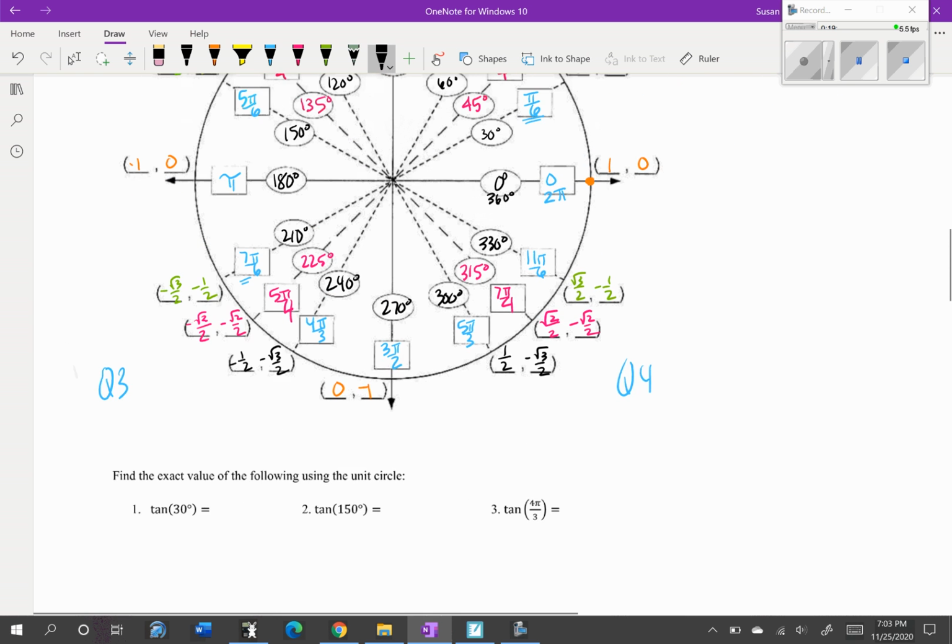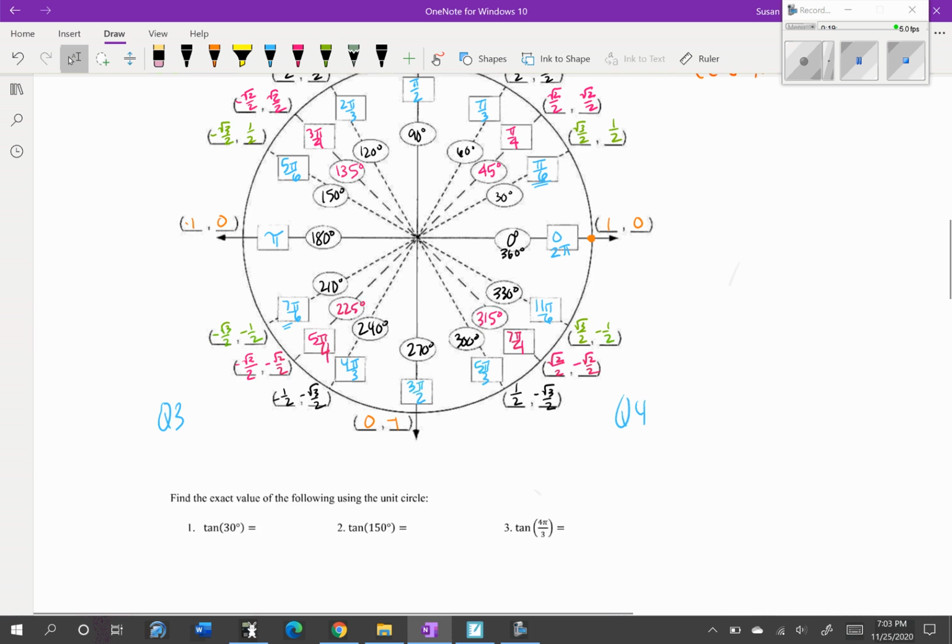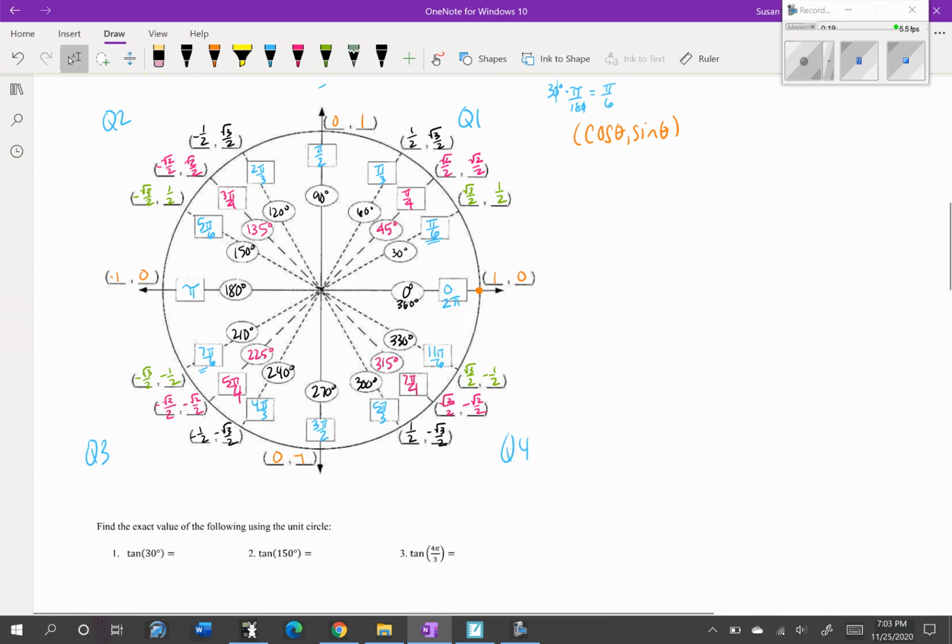So something we haven't talked about: we know that the coordinates around our circle are cosine theta, comma, sine theta. So we already talked about if I wanted to find the cosine of 60 degrees, well, that would be the x coordinate on my circle, which would be equal to 1/2.